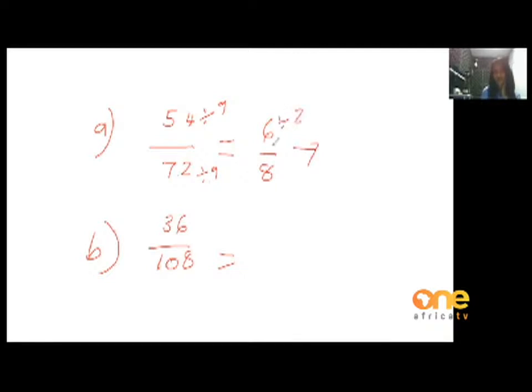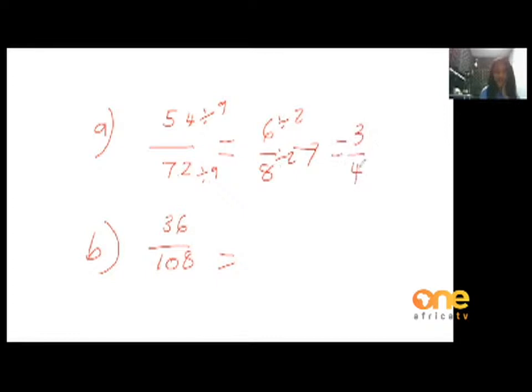So I divide by 2 and I divide by 2. Okay, that's quite right. You could go 18 if you wanted to, but I've just decided to go a slightly longer route, and your answer should be 3 over 4.